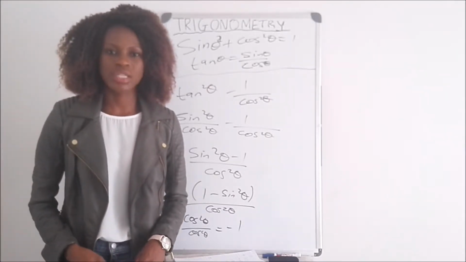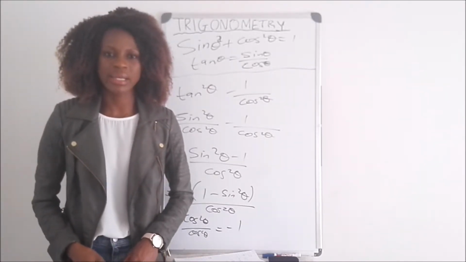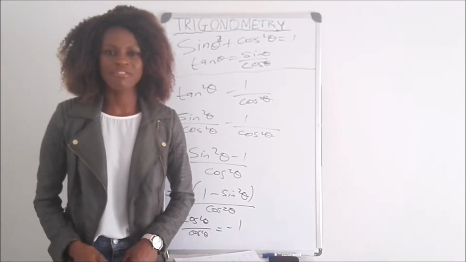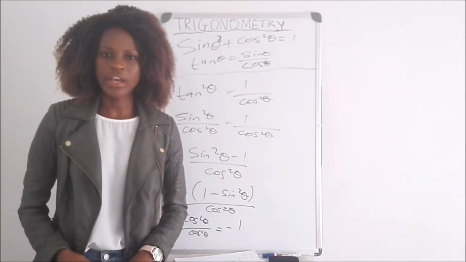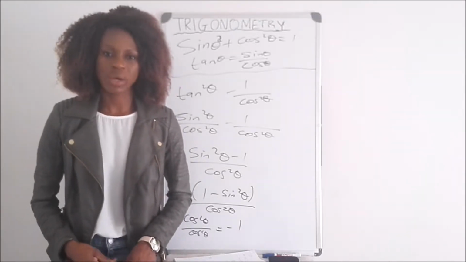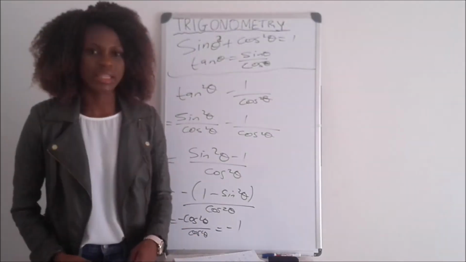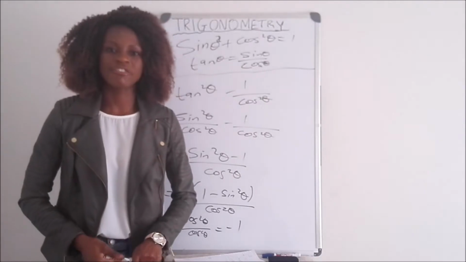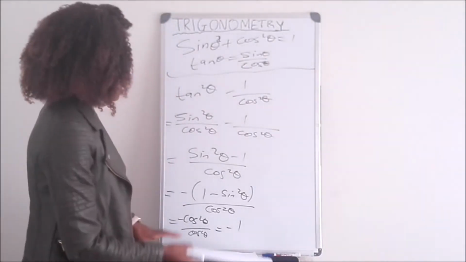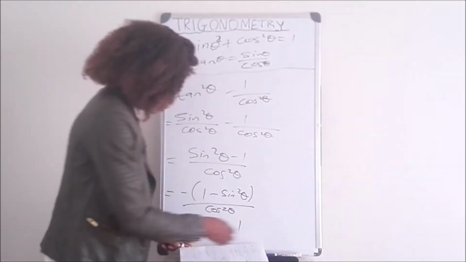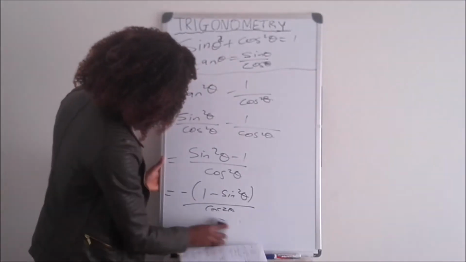What we did is take out a common factor of negative 1, so that we can have 1 minus sin squared theta equal to cos squared theta, which we have here. And then in our answer, the cos squared theta cancels out, and we are left with negative 1. Alright, let's do another example on identities.